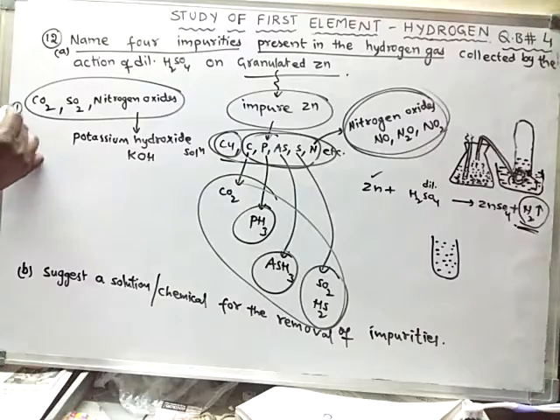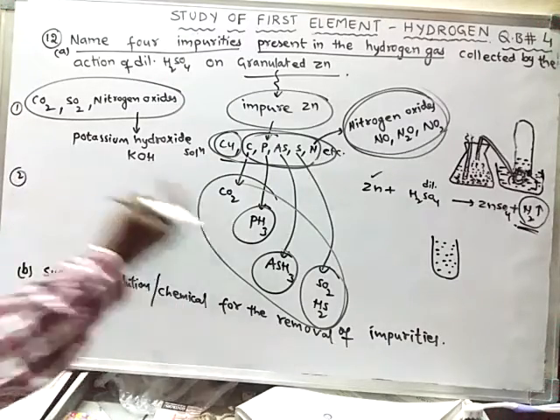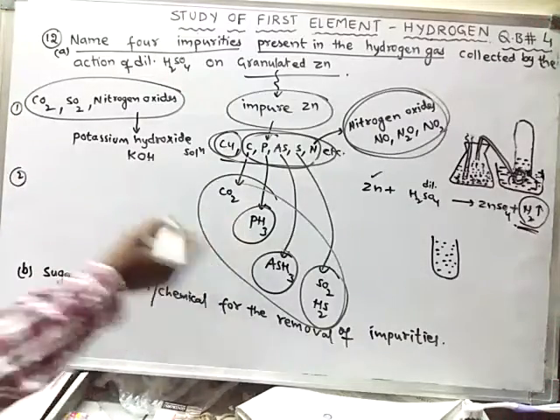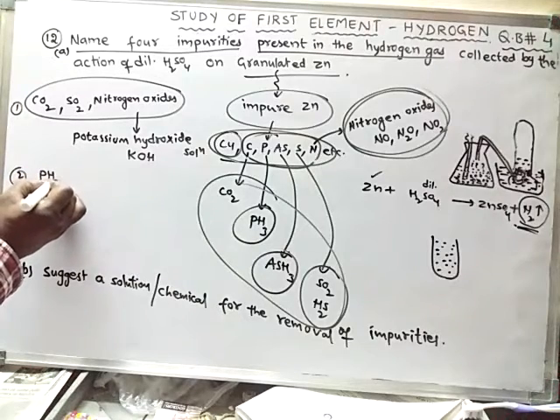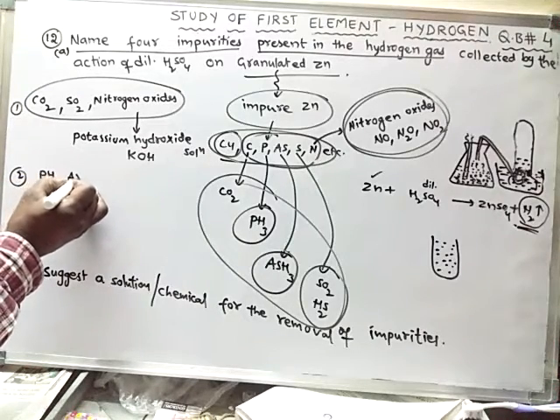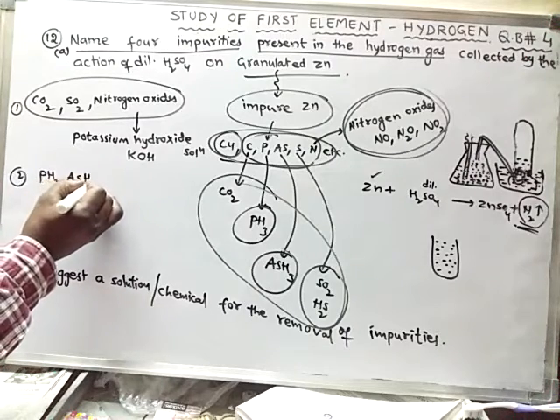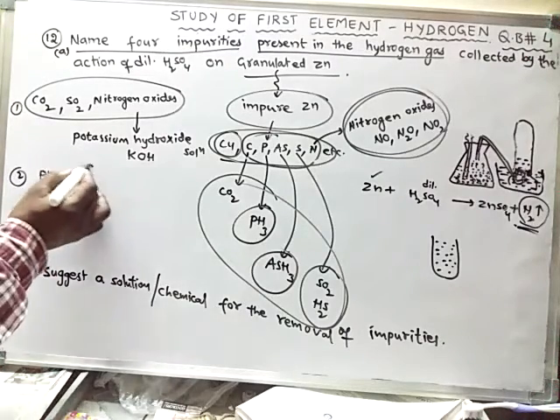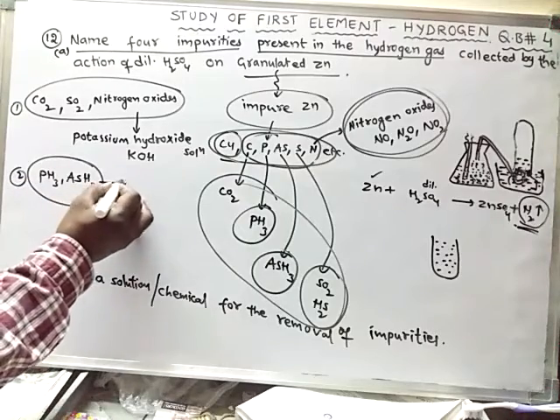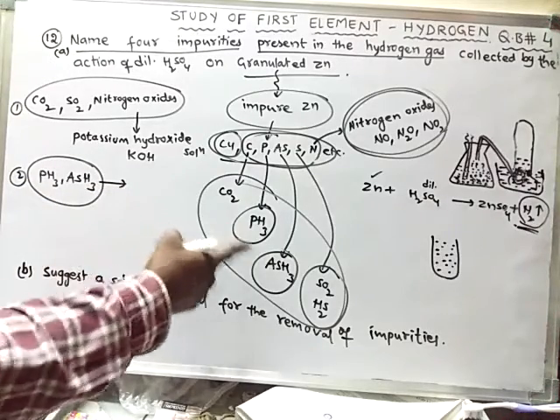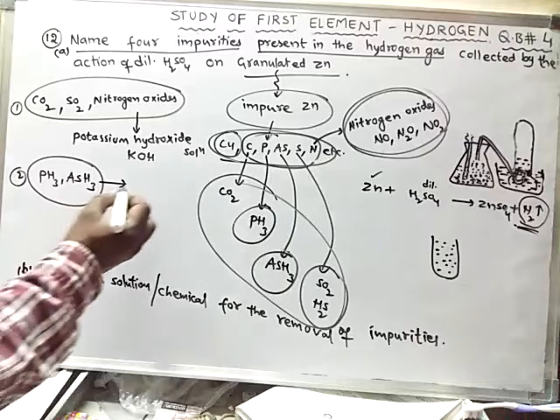Next one, phosphine and arsine. These gases can be removed by sending them into silver nitrate solution.